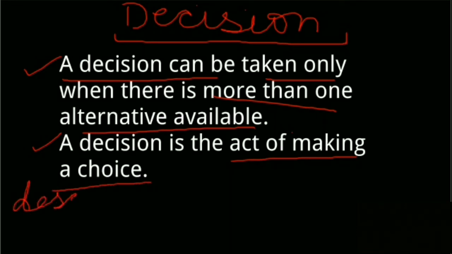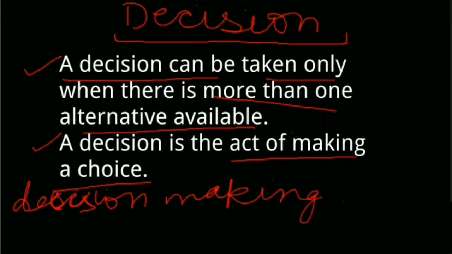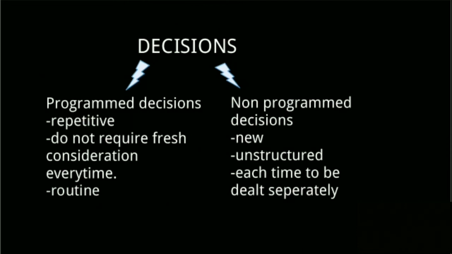The entire science of decision making has been developed in order to analyze the conditions that can improve this activity, and how a decision maker can improve his or her choices by expanding the number of alternatives available to them. There can be two types of decisions: programmed decisions and non-programmed decisions.